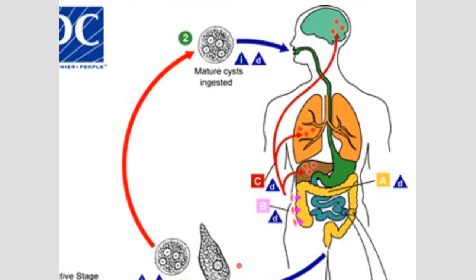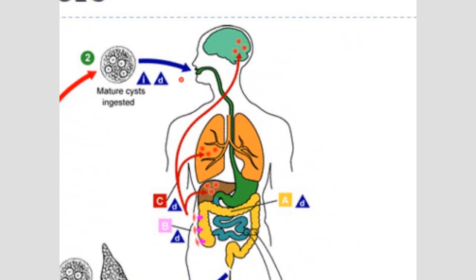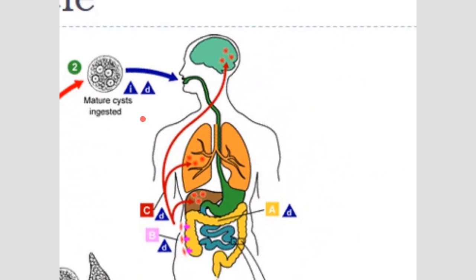And then again, they will have to go and form mature cysts, which are, of course, both infective and diagnostic. You ingest them. But if you compare this picture to the previous one, you can very much tell that it first goes into the intestine, locally, and when it gets absorbed via blood, the blood is going to take it to the liver.